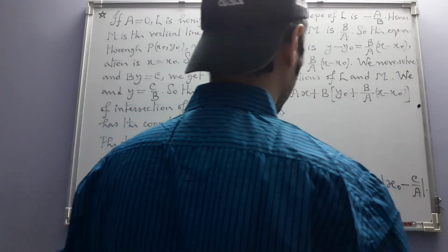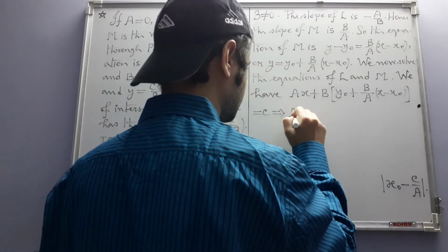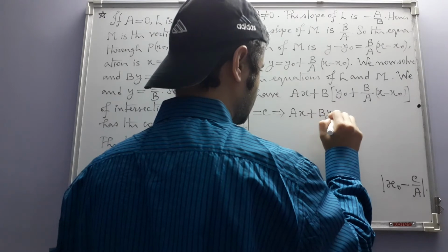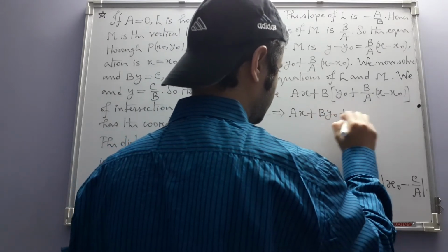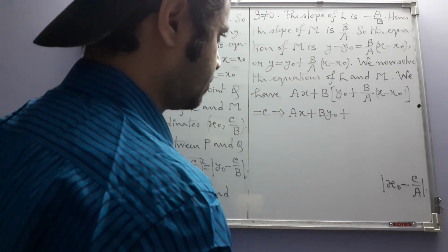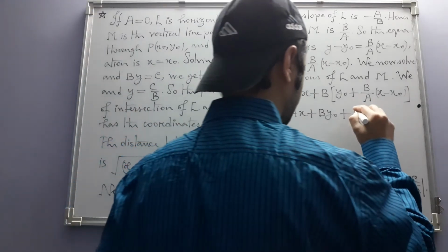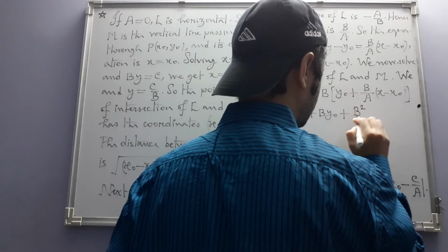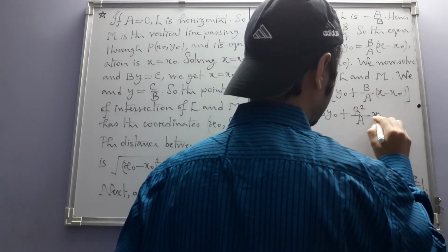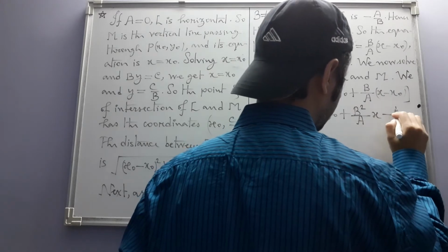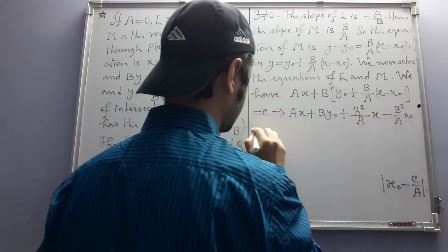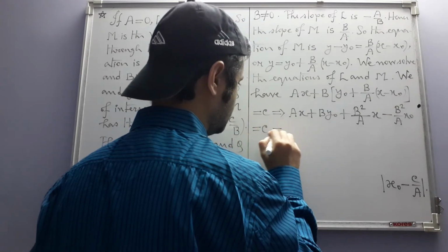So this implies what? Ax plus b y naught plus b square is coming. Anyway, whatever comes will come. B square divided by a x minus b square divided by a x naught equal to c.